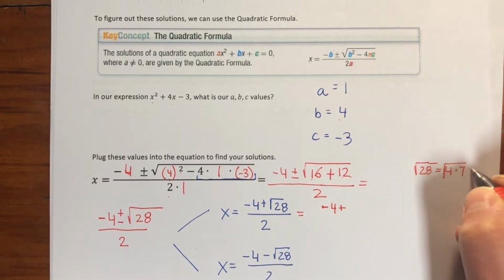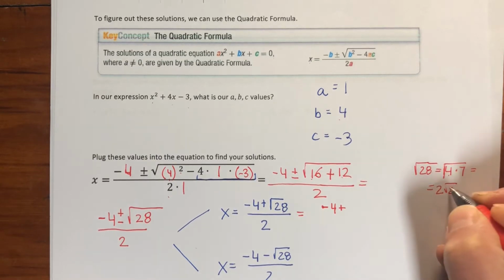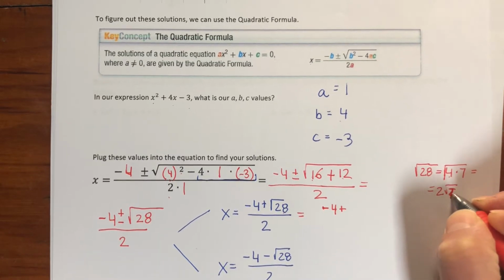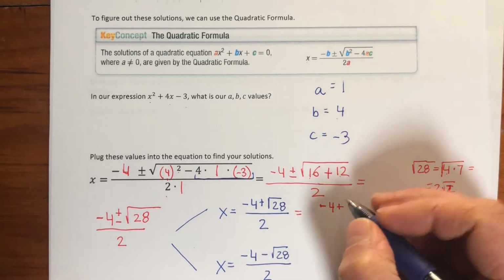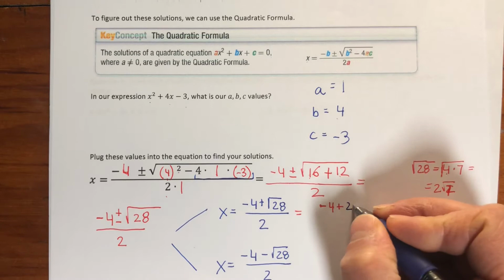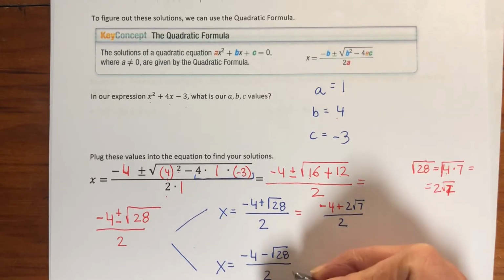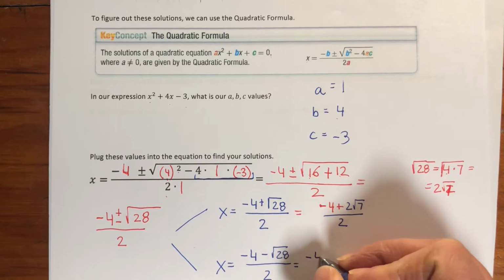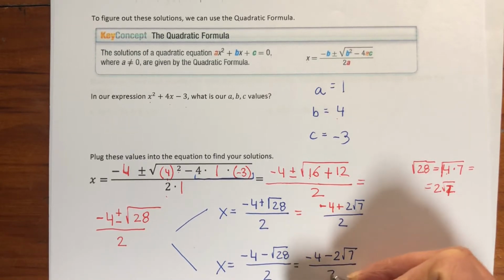And I now know that I can take the square root of 4, that's 2 square root of 7. So having said that, I am going to say -4 plus 2 square root of 7 divided by 2. The same thing here, -4 minus 2 square root of 7 divided by 2.